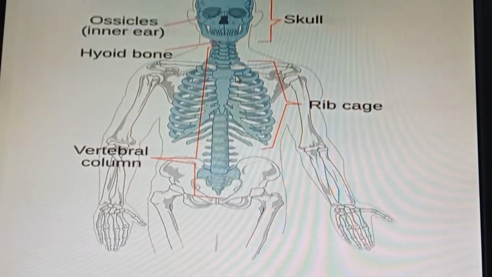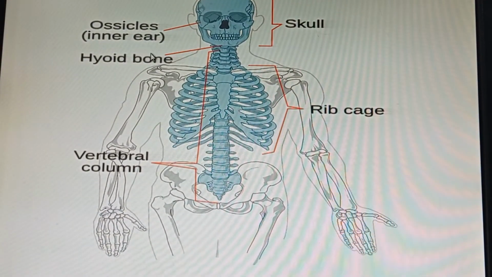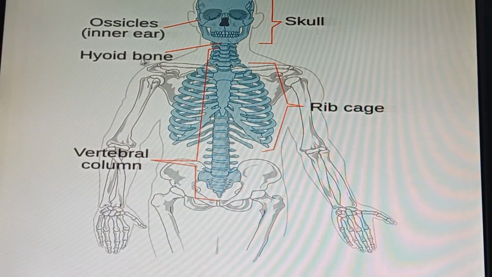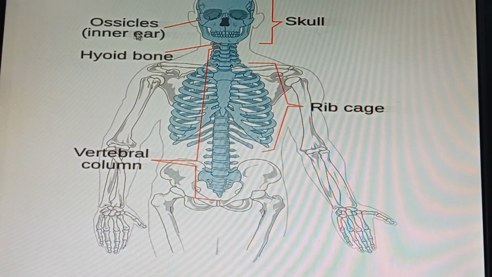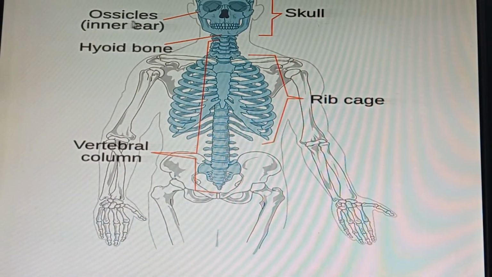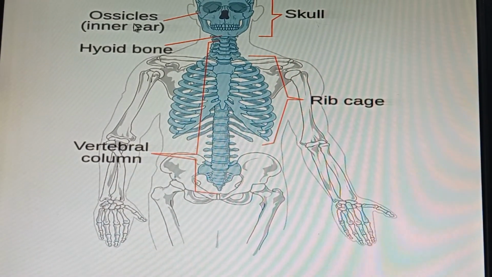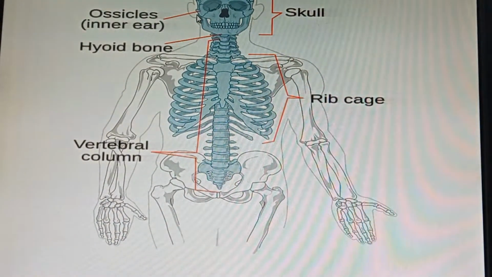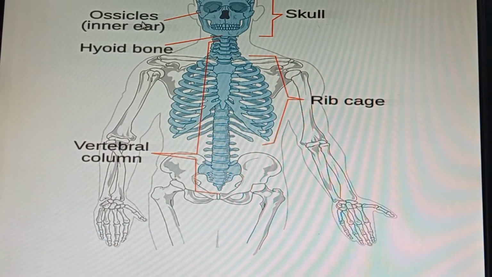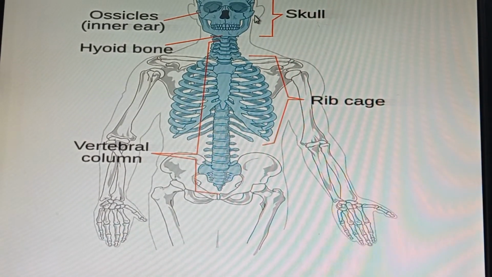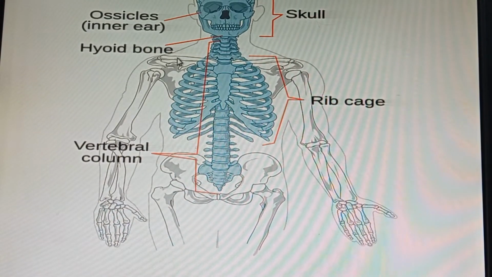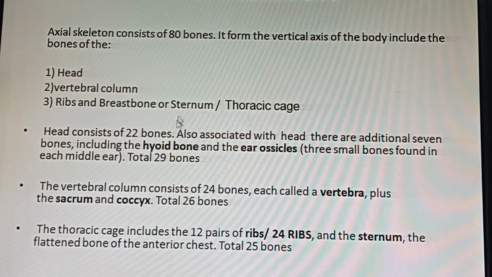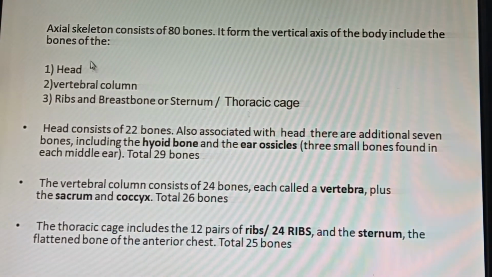Along with these three, they also have two bones included in them, hyoid bone and ossicles. Tongue is attached with the hyoid bone. The smallest bones of the body are called ossicles and they are present in the inner ear. There are 3 bones included in ossicles, 3 in this ear and 3 in this ear, so total 6.